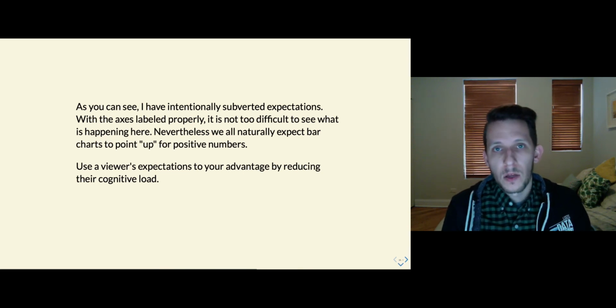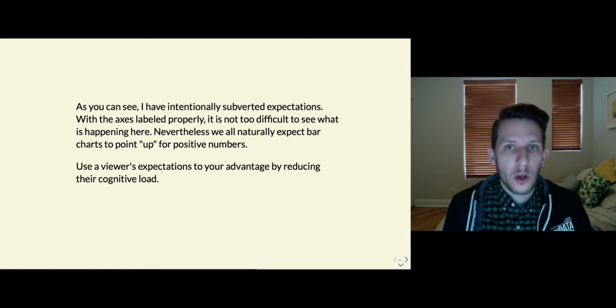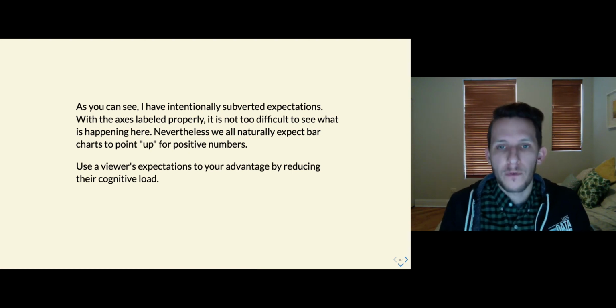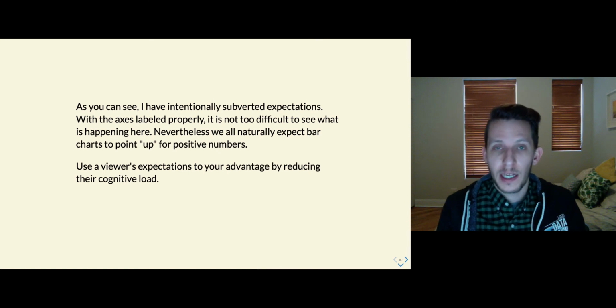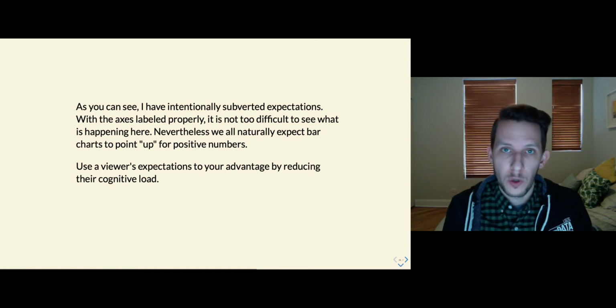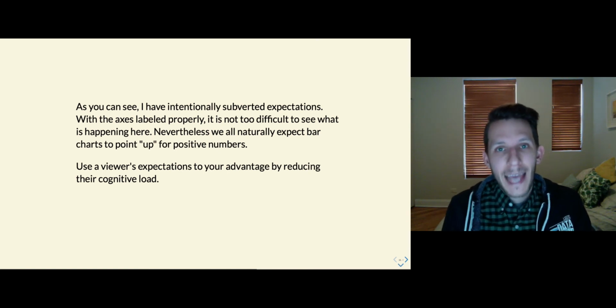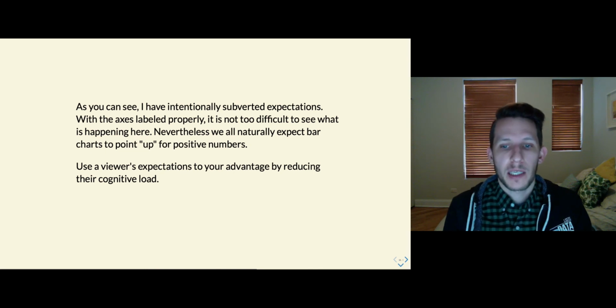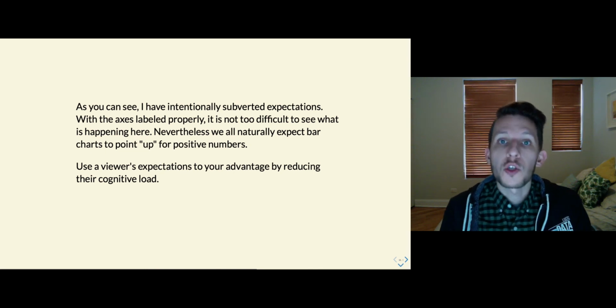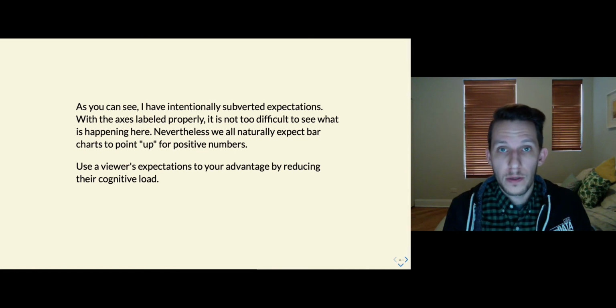The reason I bring this up is that even though we cannot perfectly solve for everyone's personal history and how they're going to perceive an individual visualization, we can use a viewer's expectations to reduce their cognitive load.